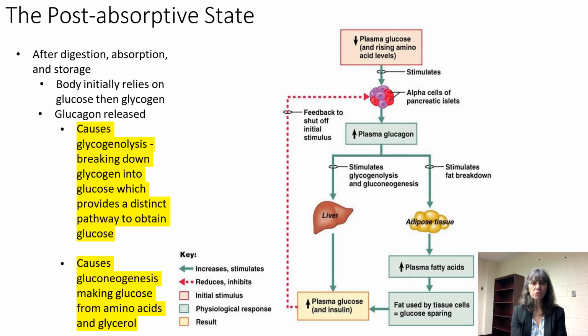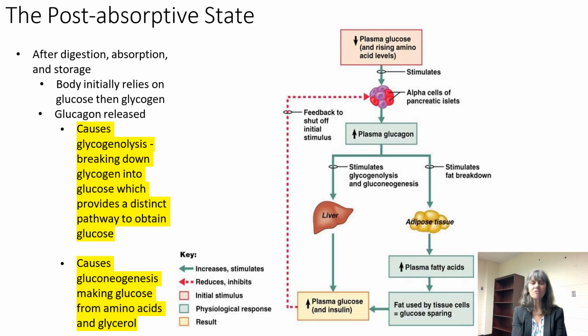The post-absorptive state occurs after digestion, absorption, and storage, and the body initially is going to rely on glycogen for energy. Glucagon is a hormone from the alpha cells of the islets of Langerhans in the pancreas that is going to cause glycogenolysis.